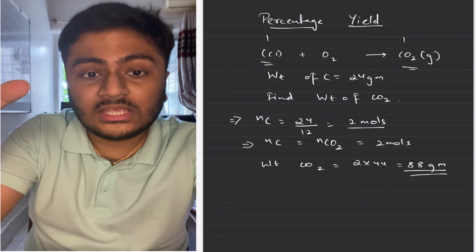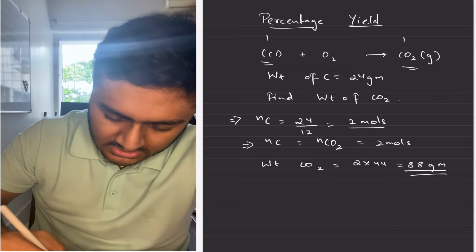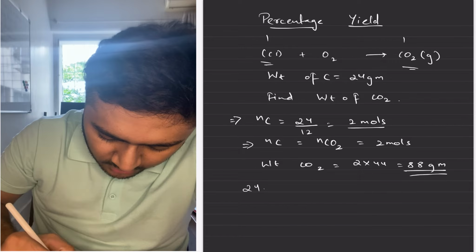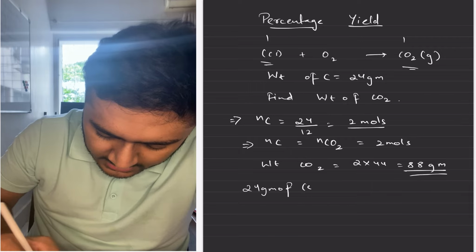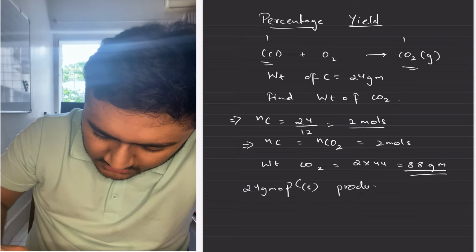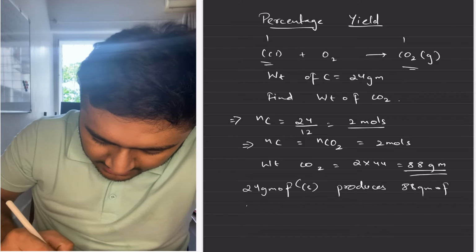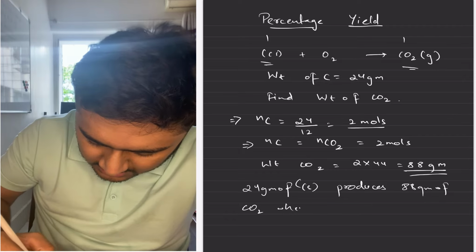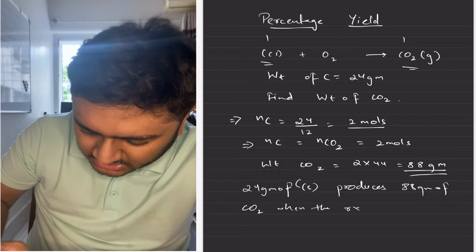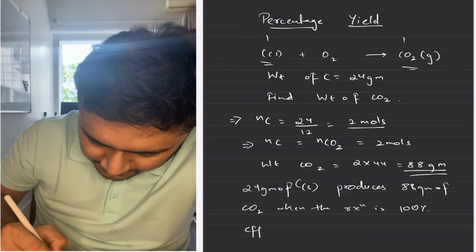This is only when the reaction is 100% efficient. So I will say that 24 grams of carbon solid produces 88 grams of carbon dioxide when the reaction is 100% efficient.